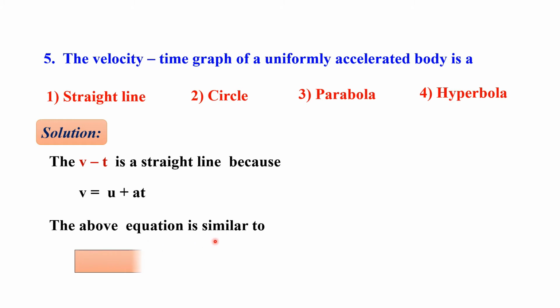The above equation is similar to y is equal to mx plus c, where m is the slope and c is the intercept. This is the straight line equation in mathematics. So y is equal to mx plus c is similar to v is equal to u plus at. So the v-t graph of a uniformly accelerated body is a straight line. Okay, the first option is correct.